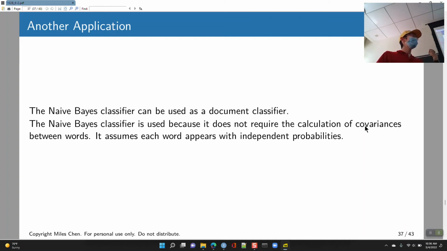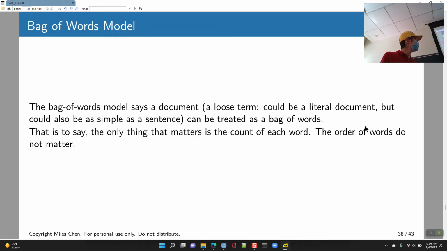So it's easier to just treat every word as appearing independently of each other, and we know that's not how languages work, but it certainly makes our life easier, not having to worry about calculating these covariances, all right?